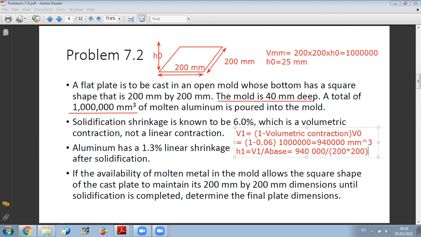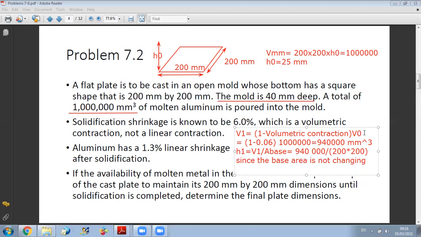Look, here, the variation of your volume is due to what? It is due only to the reduction in height, okay? Since the base is not changing in dimension, the volume reduction will be equal to the percentage of reduction of H. So you can say since the base area is not changing, another method to get H1 is that H1 is equal to H0 times 1 minus the volumetric contraction.